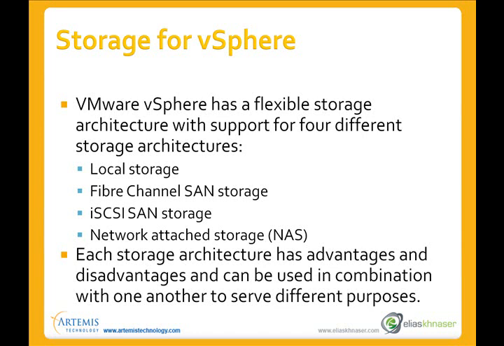Because the topic of storage is so important, VMware ESX has a very flexible storage architecture, which includes support for, obviously, local storage on the actual host. It also includes support for Fibre Channel SAN storage, iSCSI SAN storage, and network attached storage. We're going to get into details on each and every one of those, Fibre Channel, iSCSI, and NAS, as we move on with this module.